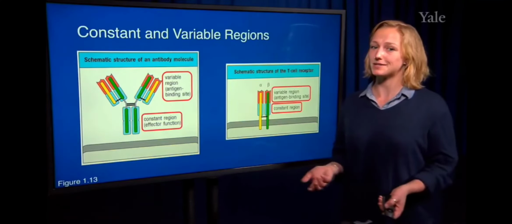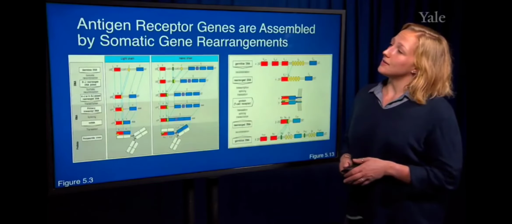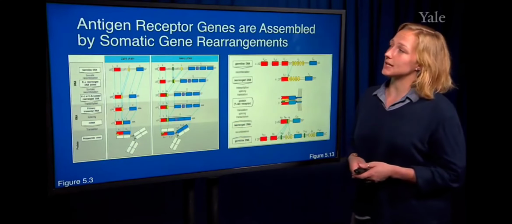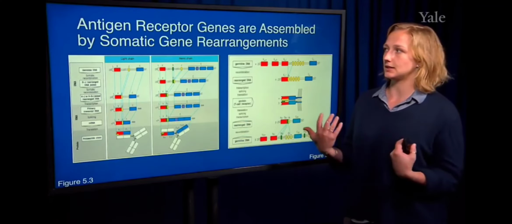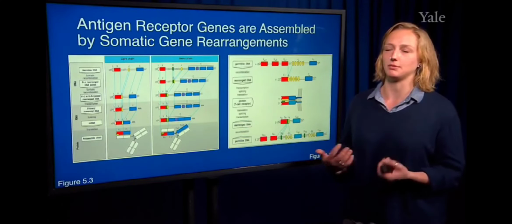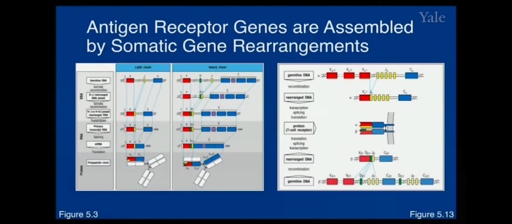Well, this occurs because antigen receptor genes are assembled by different systems of somatic gene rearrangements and somatic hypermutation, such that within our genome, we're encoding different chunks of these receptors, which are then assembled in various different ways to lead to variability.